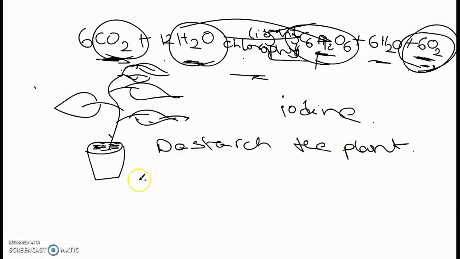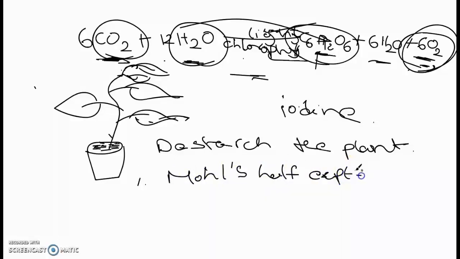So the important experiments here: first of all, the experiment conducted by Joseph Priestley, making use of two bell jar glasses and a candle, that you have studied. And another important one is Moll's half-leaf experiment.